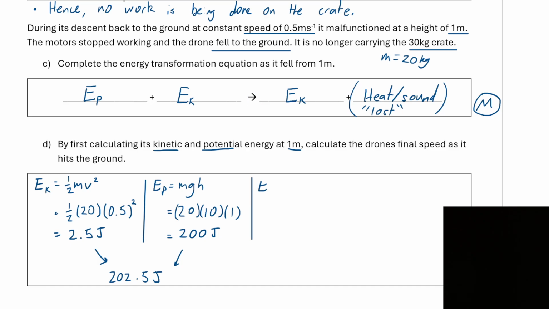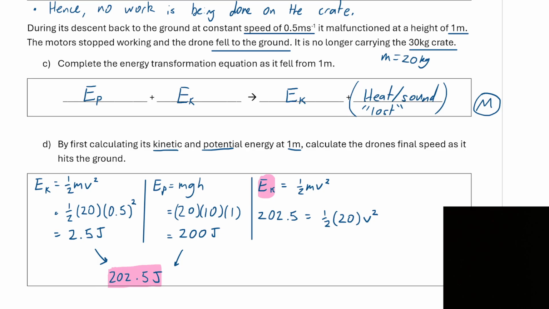So I'm going to write kinetic energy out again, equals half mv squared, but this time, instead of solving for kinetic energy, we already know how much kinetic energy it will have, assuming no heat is lost. So we know EK is 202.5. We know the mass is 20, but we don't know the speed, V, and don't forget to square it.